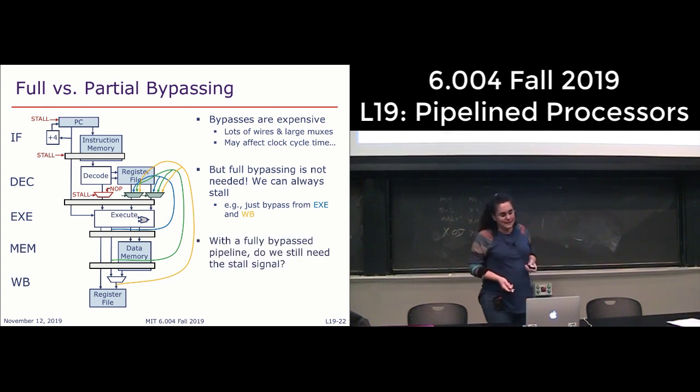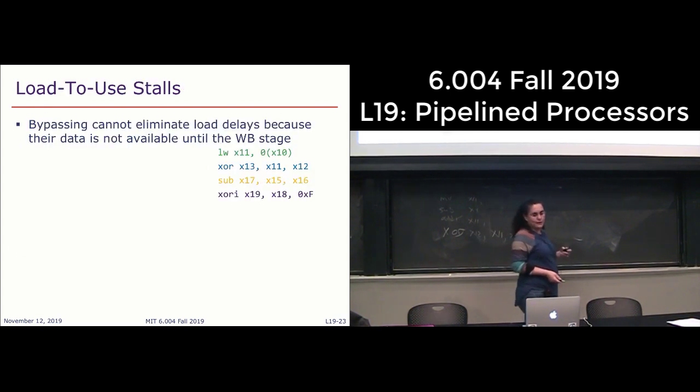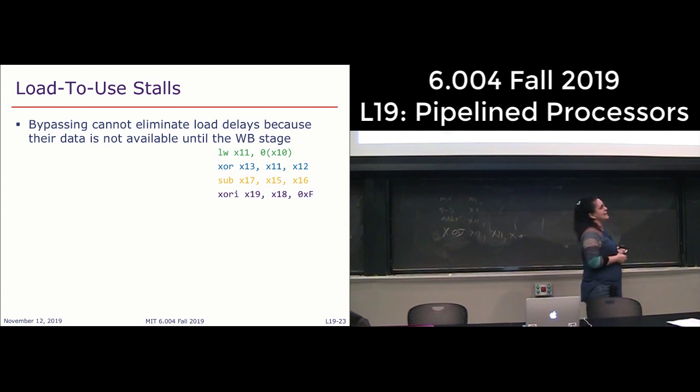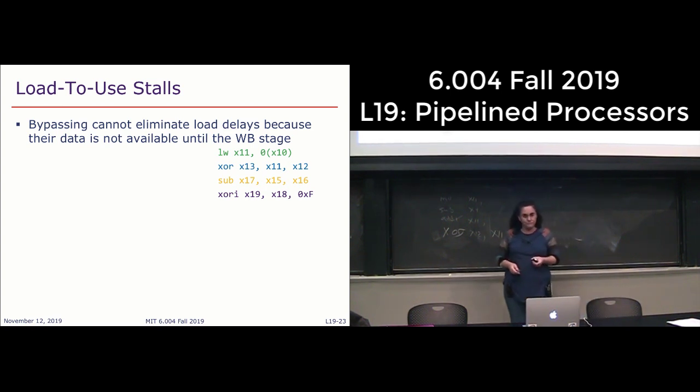And so let's take a look at what happens if I have a data hazard that is associated with a load instruction. Okay, so here what I've got is I'm doing a load into register X11, and then the exclusive OR is reading register X11, and I have now a processor that has full bypassing, but what I'm claiming is I'm still going to need to stall in this situation.